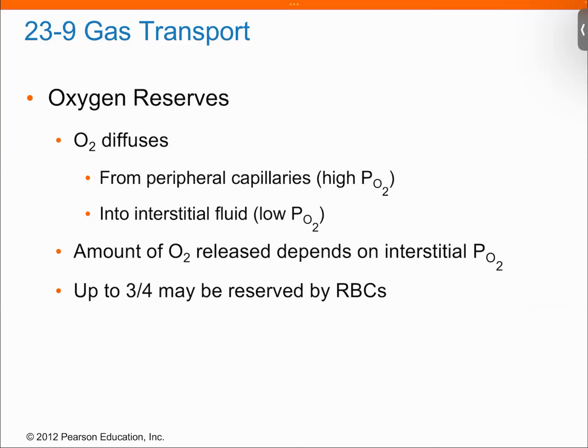So your oxygen will then diffuse typically from the peripheral capillaries, which have a high partial pressure of oxygen in them, to the interstitial tissues, which have a low one. So you're going down your concentration gradient. And then ultimately, how much is released? You don't release it all. You only release what you need.